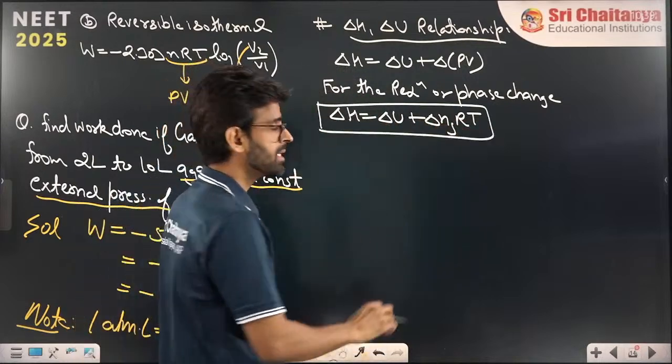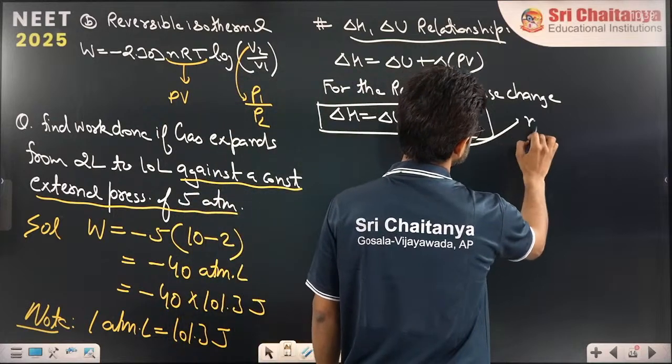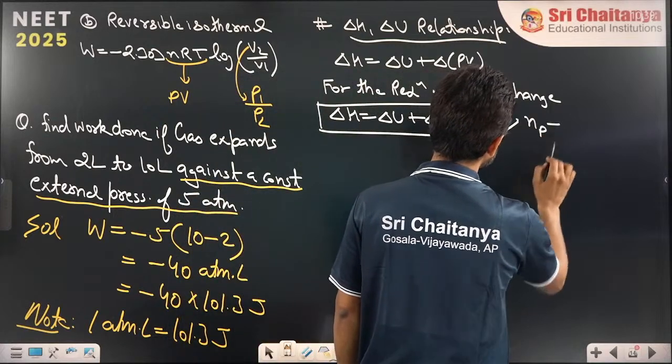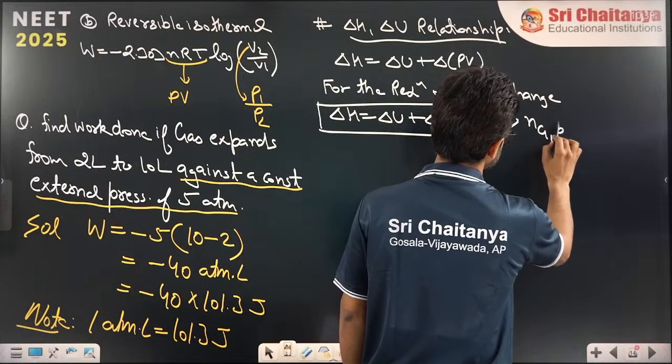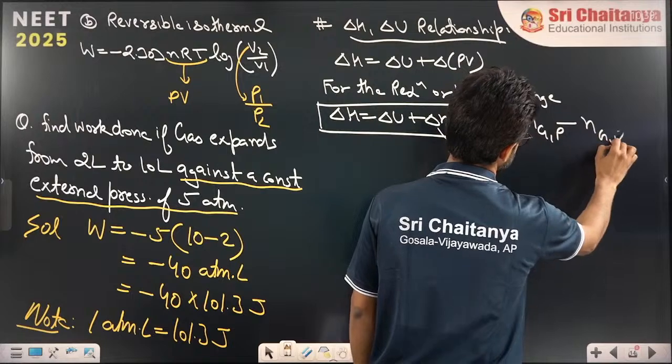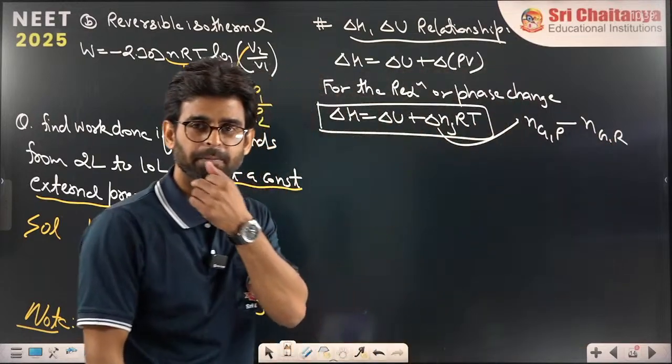What is delta Ng here? Delta Ng is the number of gaseous products minus the number of gaseous reactants.